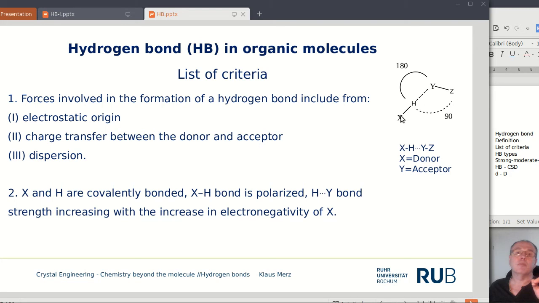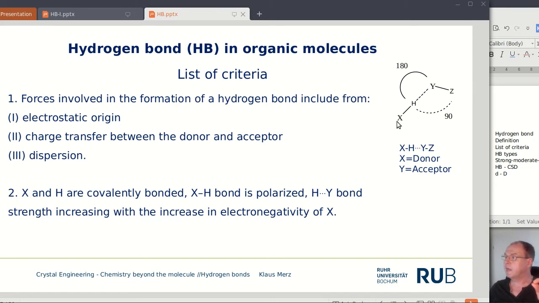Here you see, covalently bonded. X, H are polarized. And with a hydrogen bond, we are talking about H delta plus, which is increasing with an increase in the electronegativity of X. And mostly, this is the best model, the optimal model of a hydrogen bond.